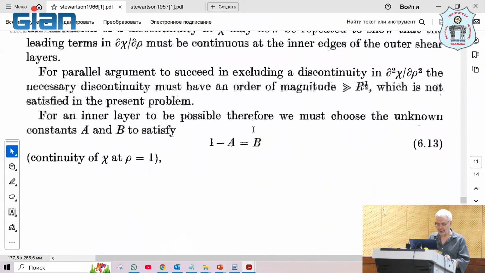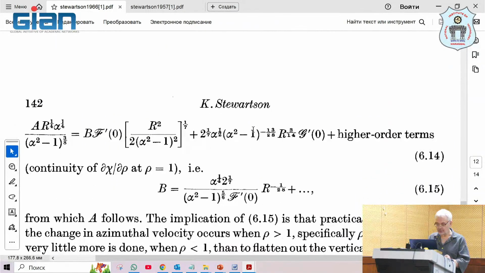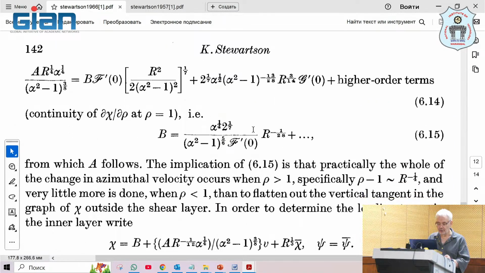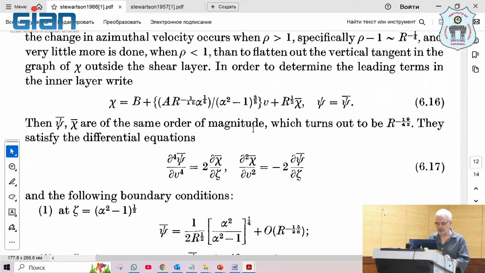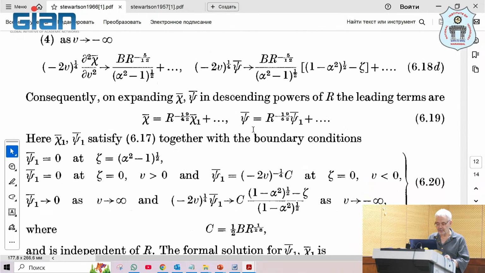And so eventually he found an almost exact solution for all parts of this problem. You can just see them and understand.